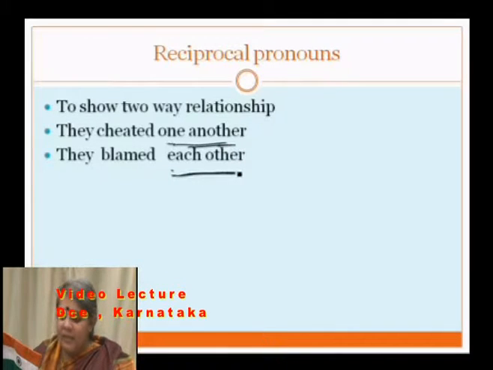Both of them blamed each other. You should help one another. Once again, it is also a reciprocal relationship. You can also say they blamed each other. They cheated one another.